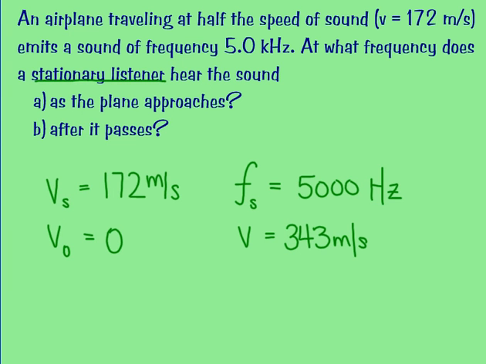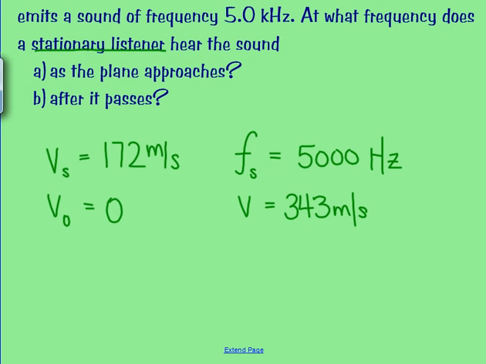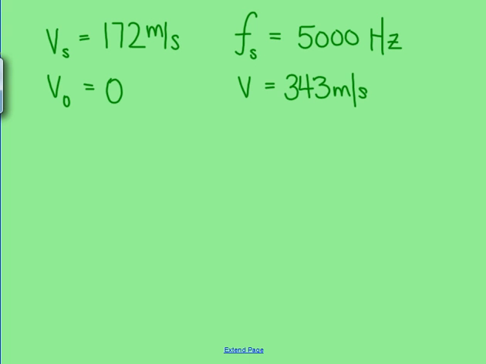We're trying to find the observed frequency. The first one is as the plane approaches. So in part A, the speed of the source is going to be positive, just as I have written here.